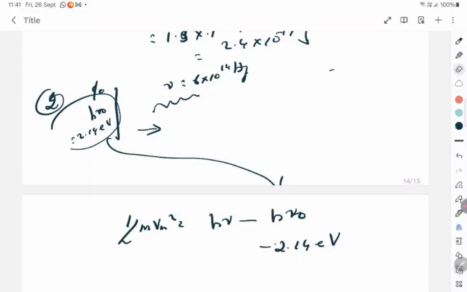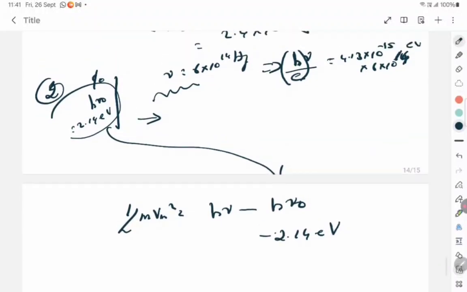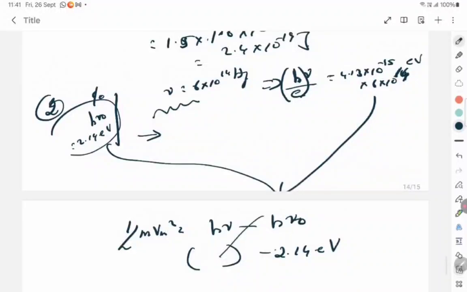So if they give the frequency, it's just h nu, but to convert to electron volt, h by E itself is 4.13 into 10 to the power minus 15 into frequency, which is 6 into 10 to the power 14. Multiply these two values and plug it in here, which will be in electron volt. When you subtract this, you will get the kinetic energy.